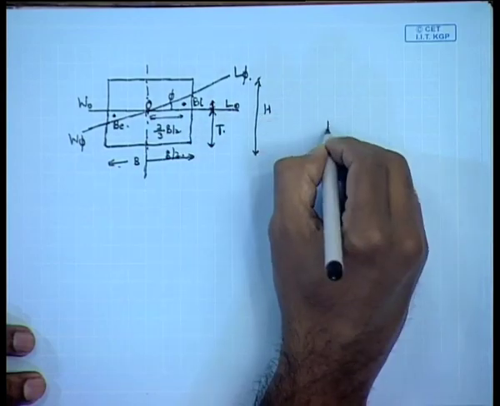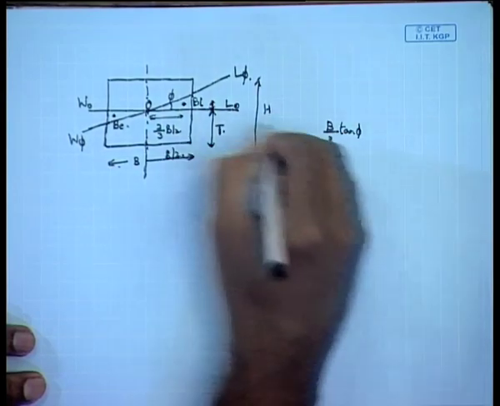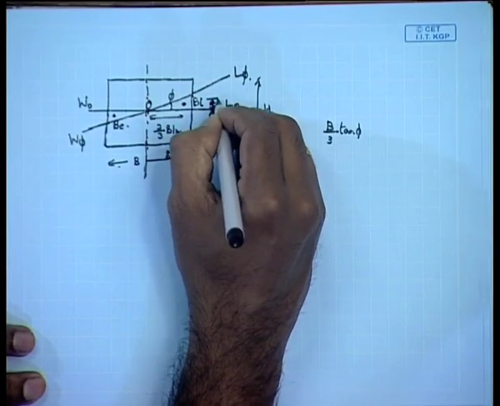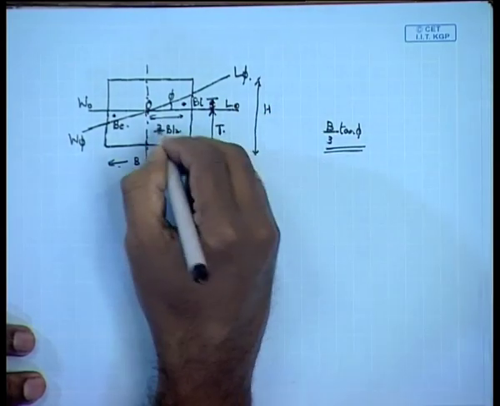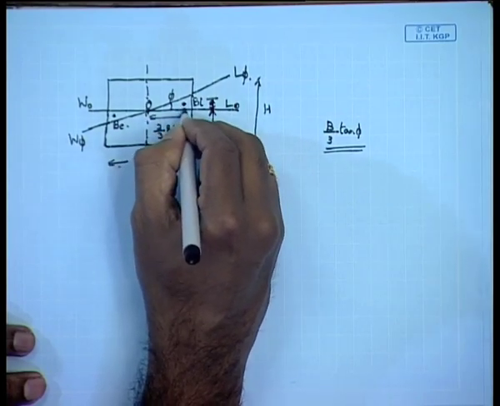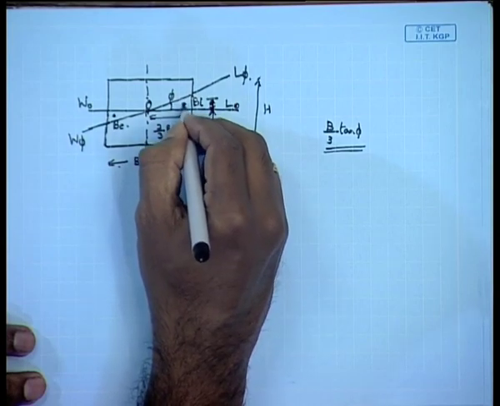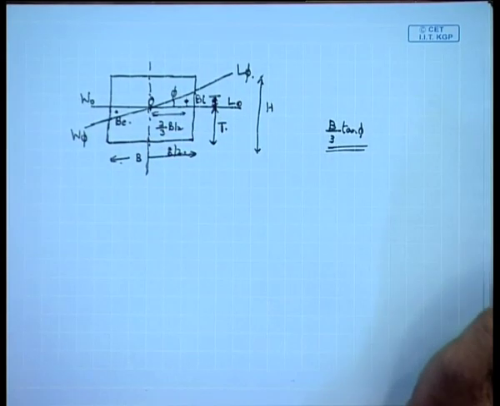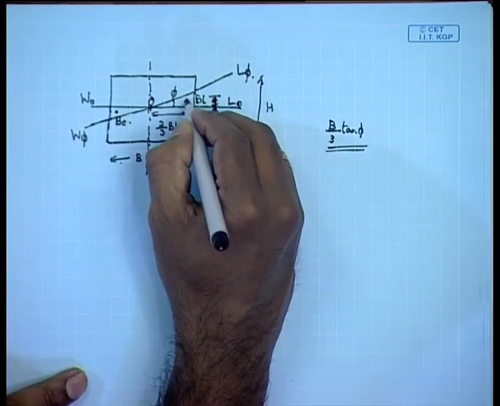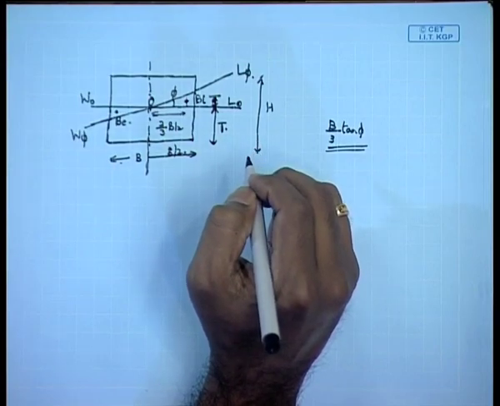So this distance is equal to B by 3 tan phi. If this is B by 3, and you put a triangle here, this whole distance will be B by 3 tan phi, and this is how you calculate the center of gravity.